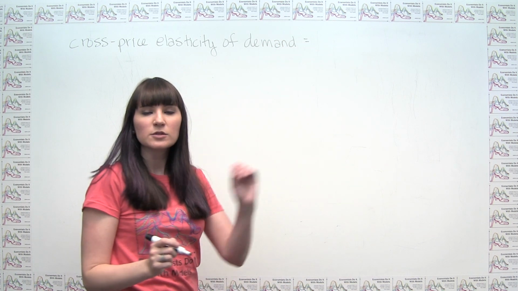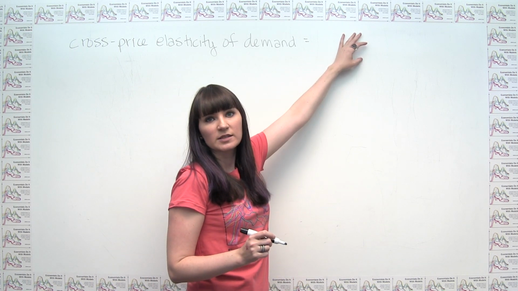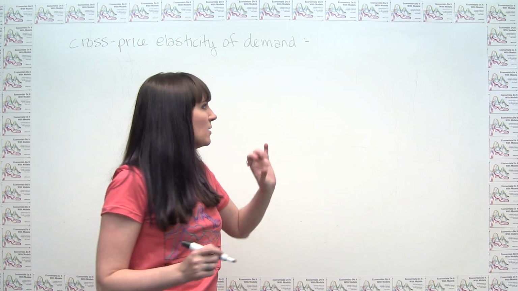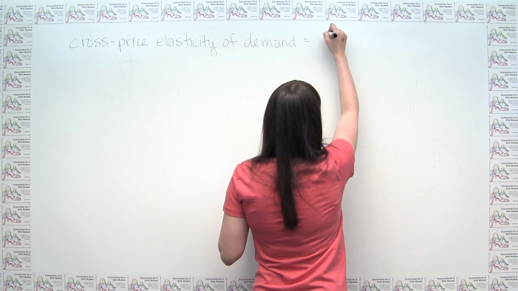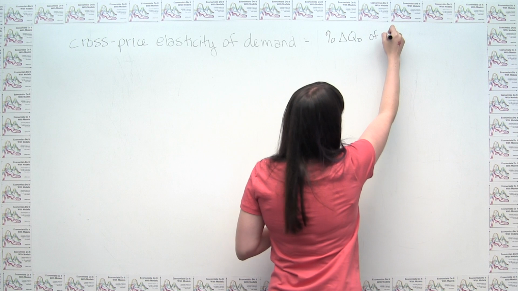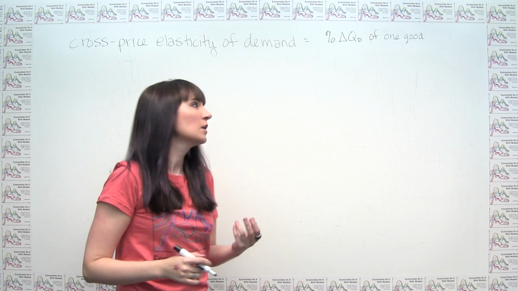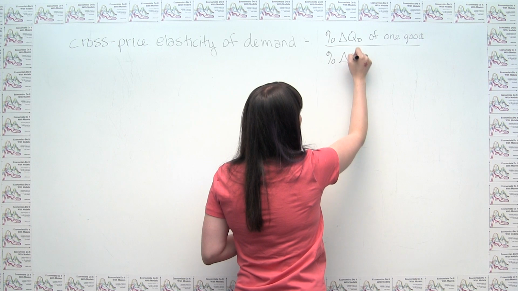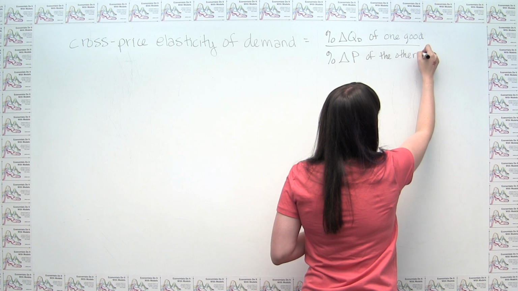It's dealing with two goods rather than one. Though we still have a percent change in quantity demanded on the top and a percent change in price on the bottom, now we're talking about two different goods. So the cross-price elasticity of demand is the percent change in quantity demanded of one good, sometimes the goods are labeled A and B, divided by the percent change in price of the other good.